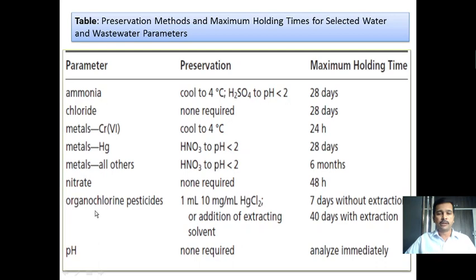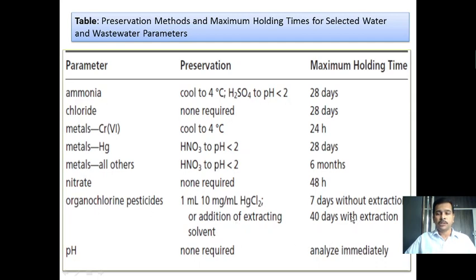Similarly, for example, for organochlorine pesticides, if you intend to determine them in the water sample, you have to use a preservative of mercury chloride. You have to add 1 ml of 10 milligram per ml mercury chloride, or some typical extracting solvent, in order to stabilize the pesticides in the sample.